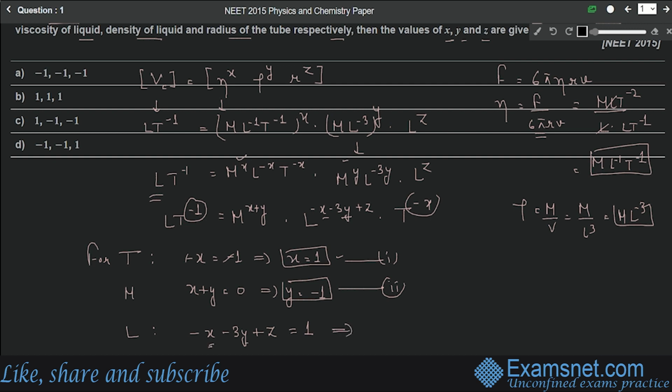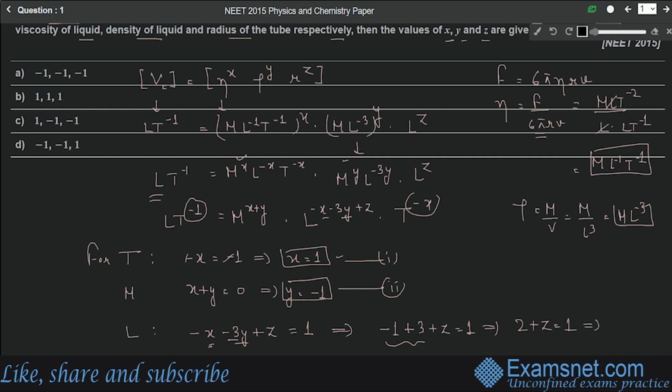The value of y is minus 1. So if we put these values, we get minus 1. Then here we'll get plus 3, because minus 3 into minus 1 will become plus 3. So plus z equals to 1. So here we have minus 1 plus 3, that means 2 plus z equals to 1.